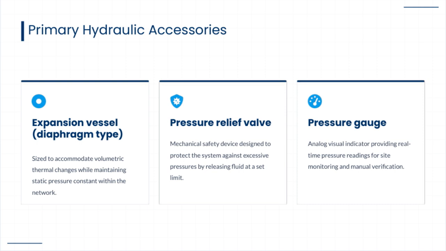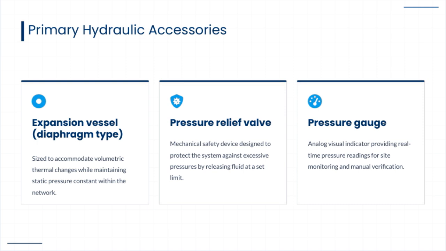Moving on, we have the pressure relief valve. This is a vital safety device designed to protect the entire system. If pressure exceeds a set limit, the valve automatically releases fluid to prevent damage or failure. It's like a safety valve that ensures system integrity under pressure spikes. Finally, there's the expansion vessel, specifically of the diaphragm type.